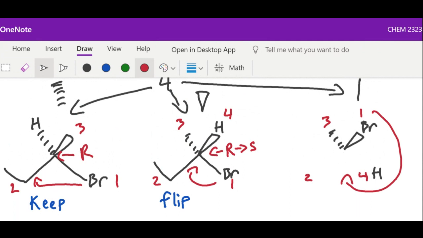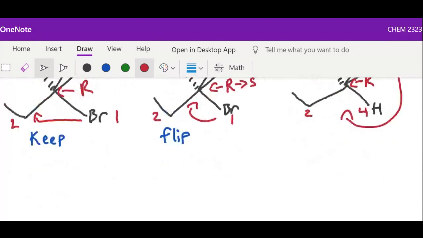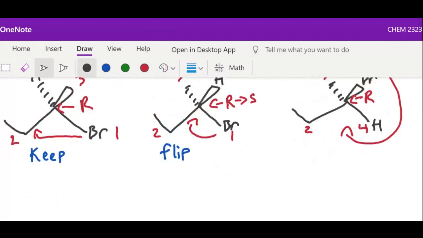So we're going to go this way instead. Okay, so if we go that way, it's clockwise. It's going to be R. But again, because our hydrogen is on a line, we have to rotate this. So how we rotate this is we're only rotating 3 bonds. And we're gonna keep, let's see.